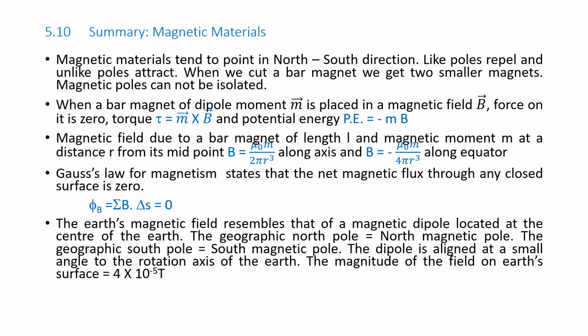The dipole is aligned at a small angle to the rotation axis of the Earth. The magnitude of the field on Earth's surface is 4 into 10 to the power of minus 5 Tesla. So, Earth resembles a huge magnetic dipole located at the center of the Earth.